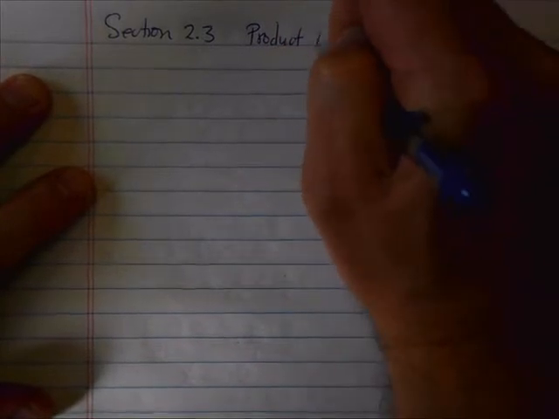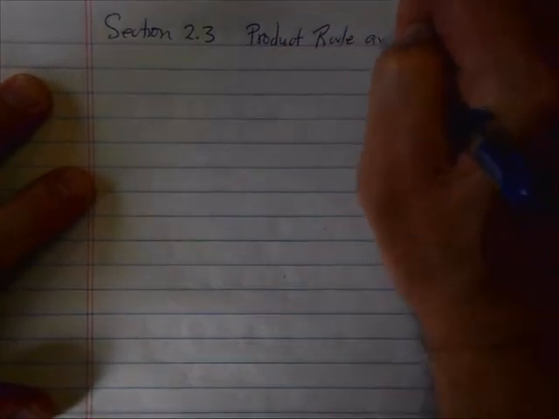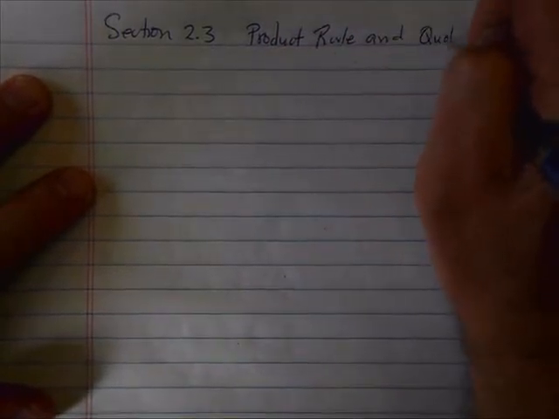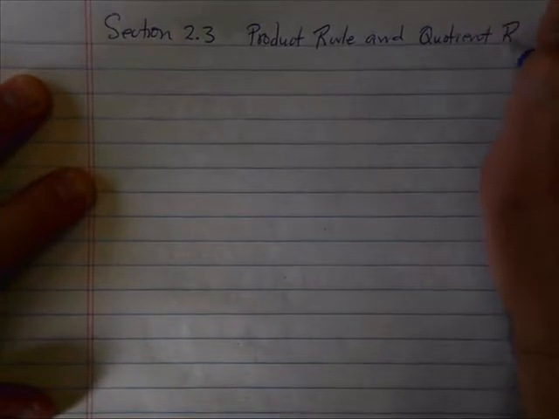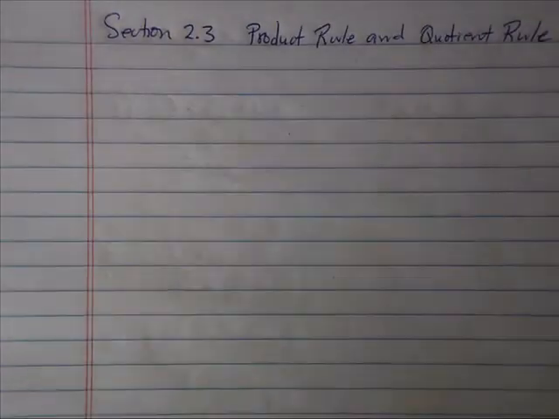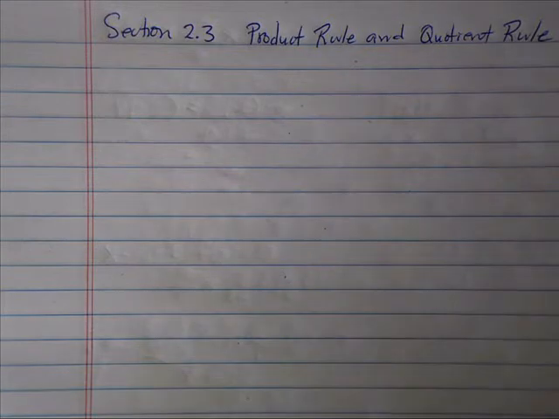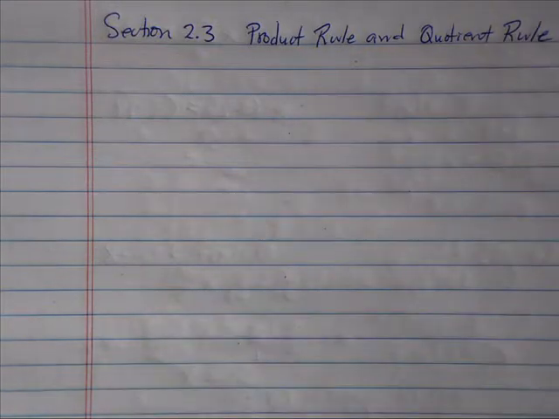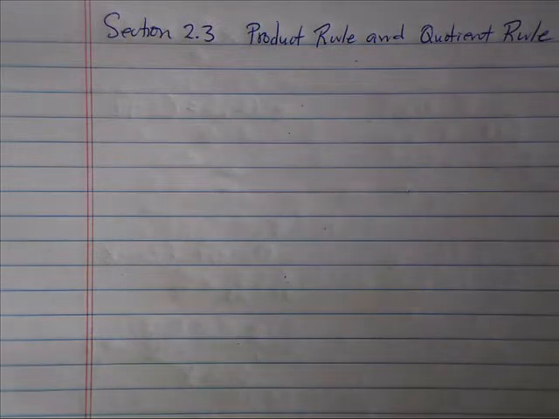All right, section 2.3. Product rule and quotient rule. If you wish to do well in this class, sections 2.3 and 2.4 are probably the two single most important sections in the class.